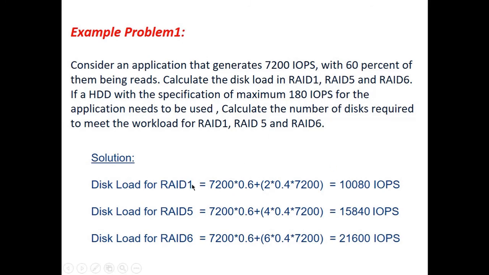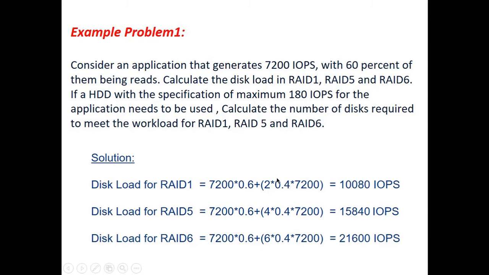So the disk load for RAID 1 is computed as 7200, which is the IOPS that is given for the application, into 0.6, which is 60% of the IOPS. Okay, 60% we are going to represent as 0.6. So 7200 into 0.6 is the disk load for the read, plus the write penalty value is 2 for RAID 1, 2 into 40% of the IOPS which is write operations.